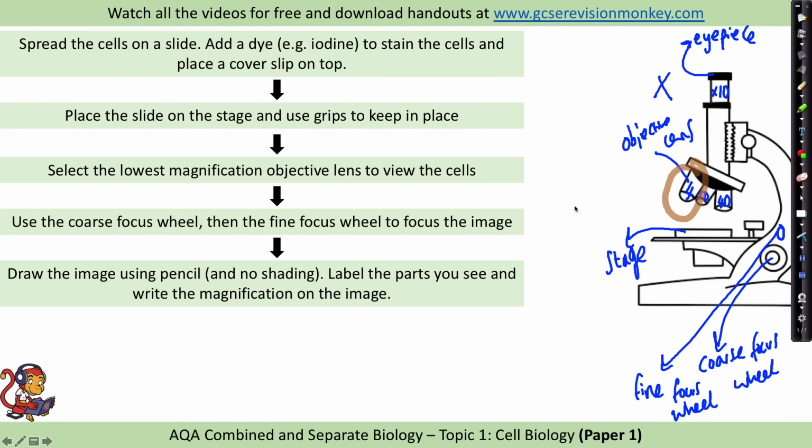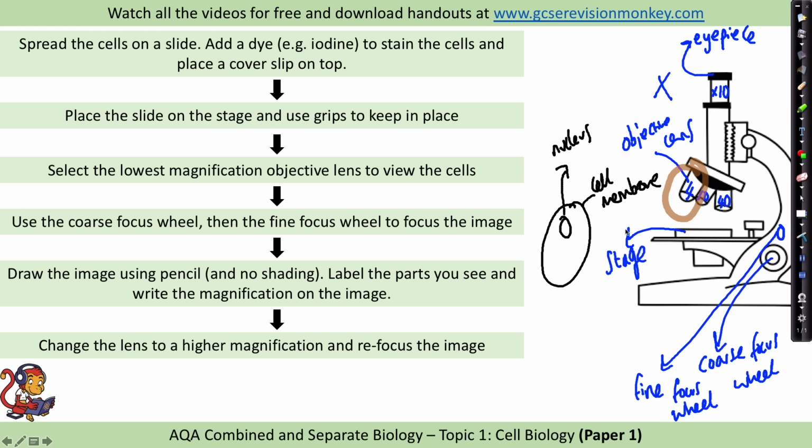So for example, if we were drawing an animal cell, we might draw the cell like so. With the nucleus, we wouldn't shade it in, but we'd make sure we labelled the bits that we saw, for example, the nucleus and the cell membrane. Finally then, we would change the lens to a higher magnification and refocus the image.